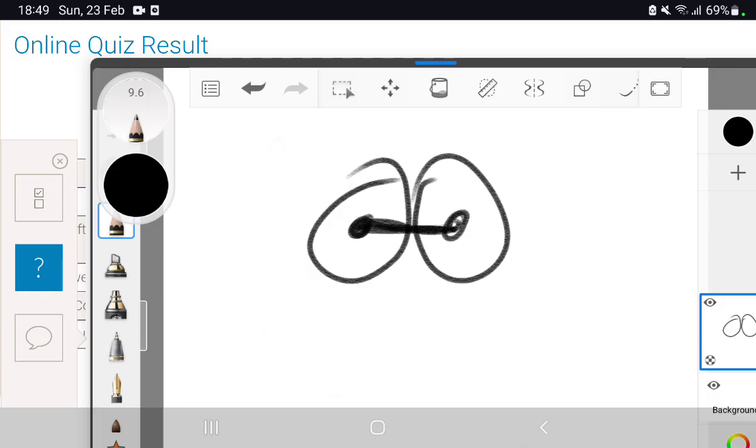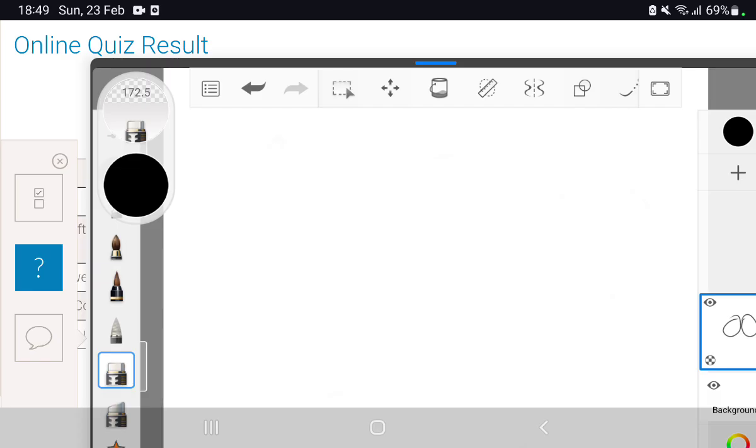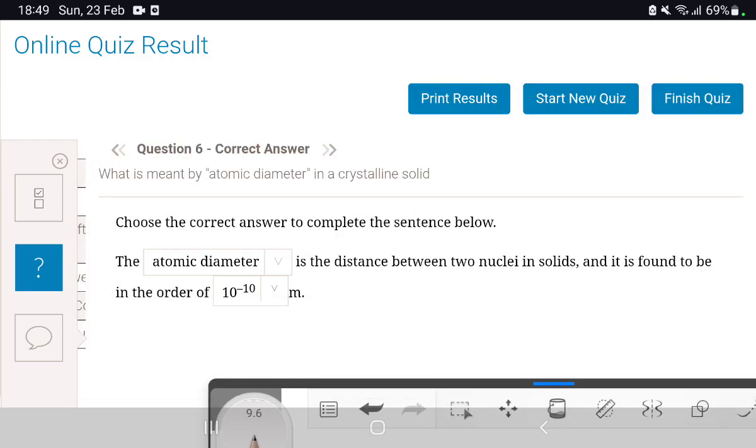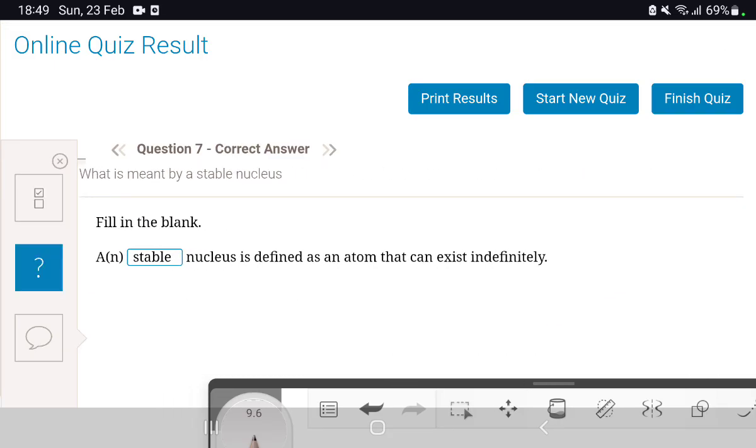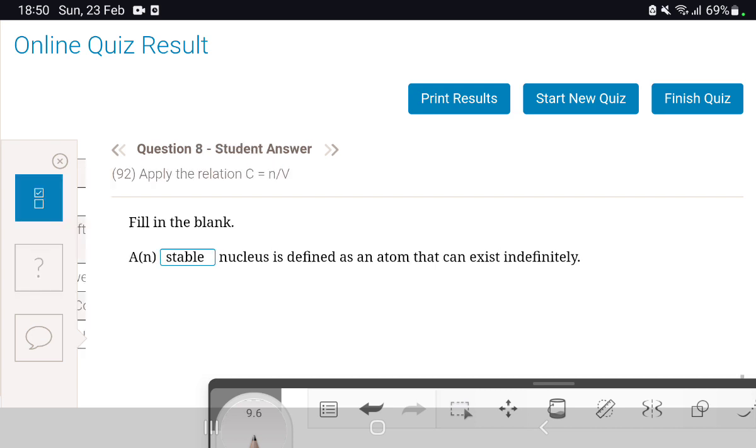This whole thing is the same as a diameter, which is why the diameter is the answer. And we're going to have to memorize that it is 10 to the power of negative 10 meters. Number 7. A stable nucleus is defined as an atom that can exist indefinitely. Number 8.